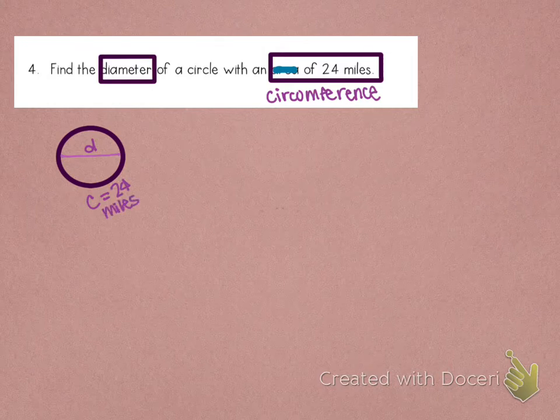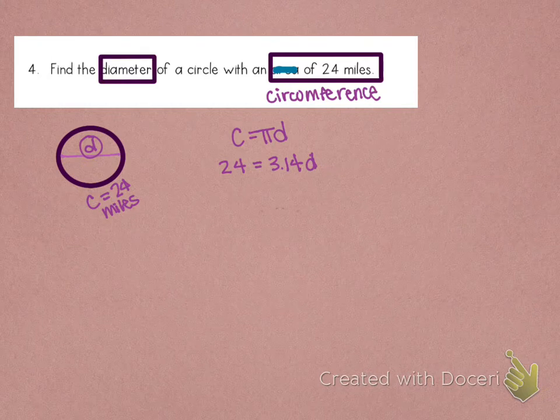Okay, so if it wants us to find D, we have 2 formulas to pick from, and we obviously would use the formula with D. C equals pi D. Okay, so then 24 equals, pi is 3.14, and we don't know diameter, so we keep our D there.